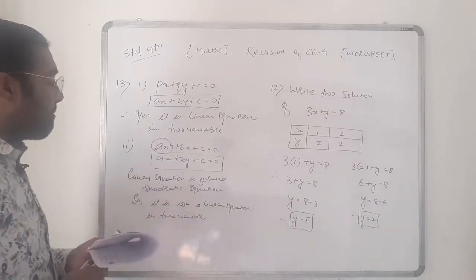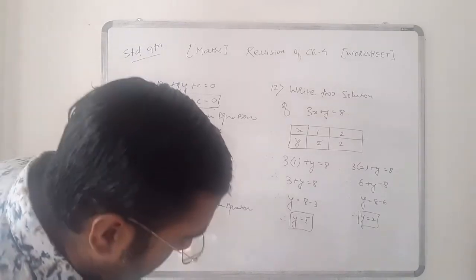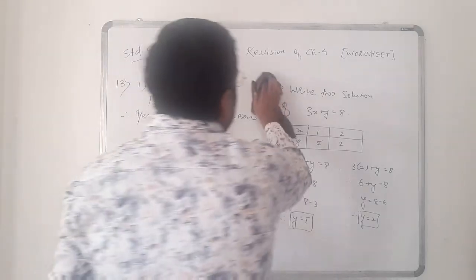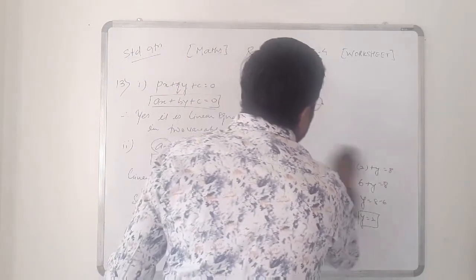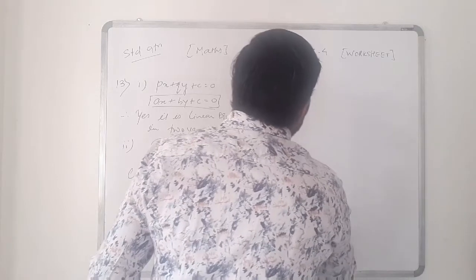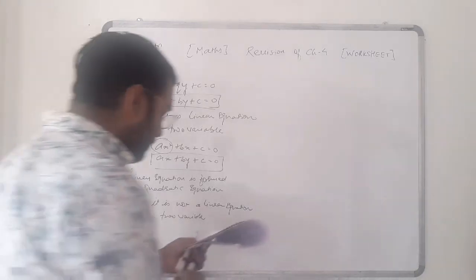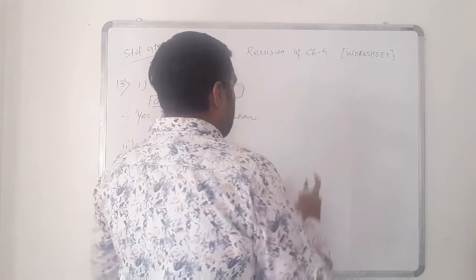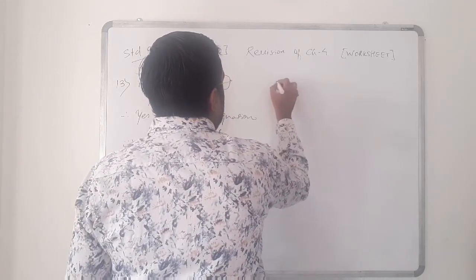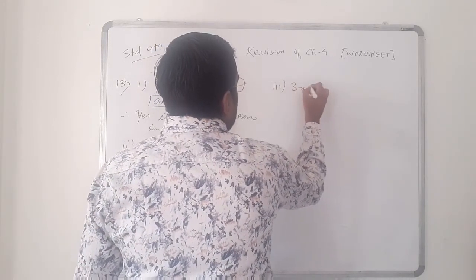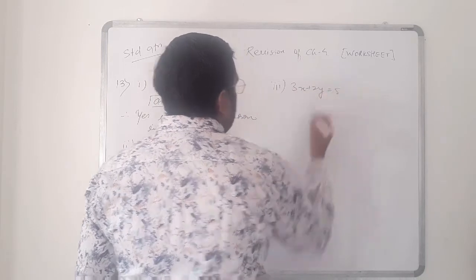And third one, that is 3x plus 2y is equal to 5.